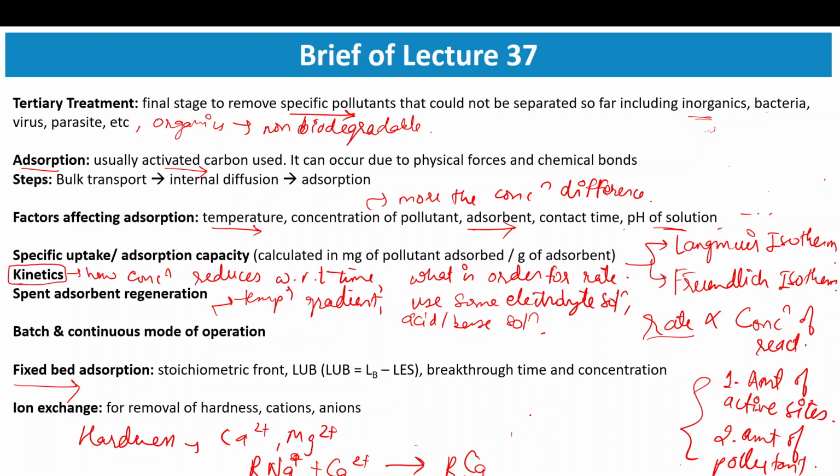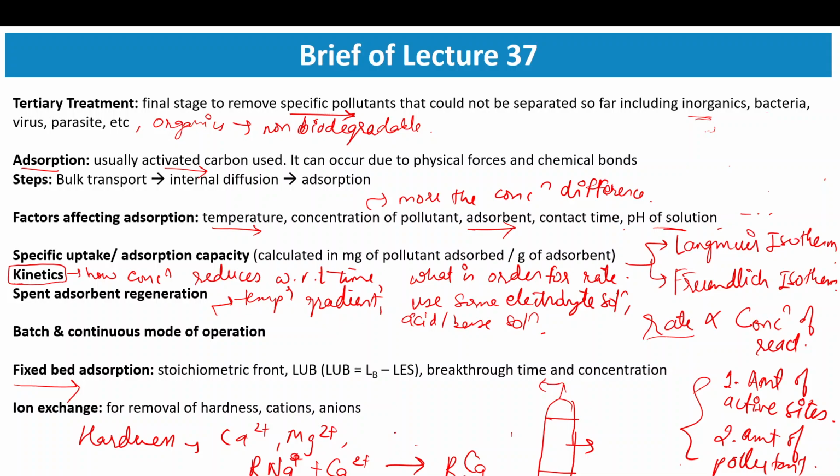Again, the fixed bed column is used for the ion exchange resin, where this is the column. You pack the material here, and you allow the water to flow maybe from bottom to top or top to bottom, either way is fine, depending on the requirement. And here the ion exchange occurs. Now, to regenerate this, a specific process is used.